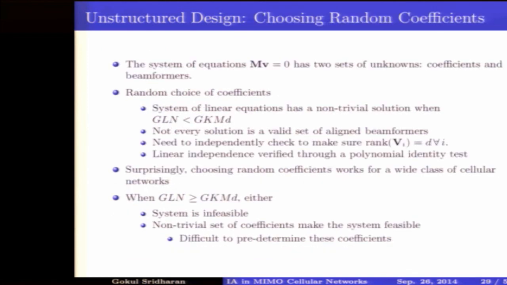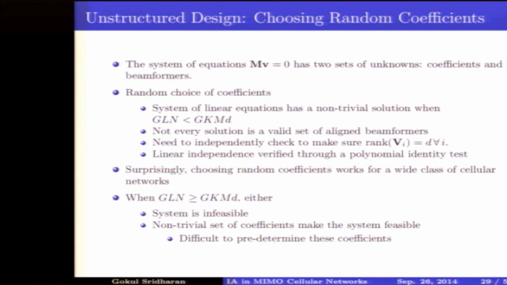And it so turns out that if Mv equal to 0 is the resulting linear system when you have chosen coefficients to be random, as long as, so this is basically checking for number of rows and number of columns, and as long as you can ensure variables exceed equations, you can reliably solve for aligned beamformers using this particular equation.